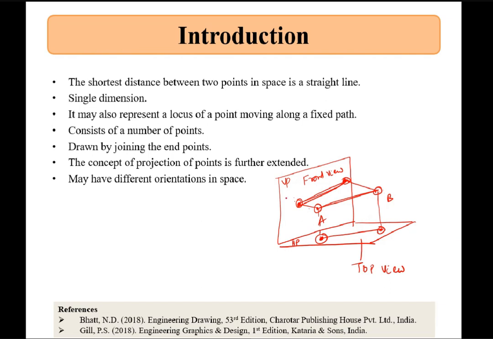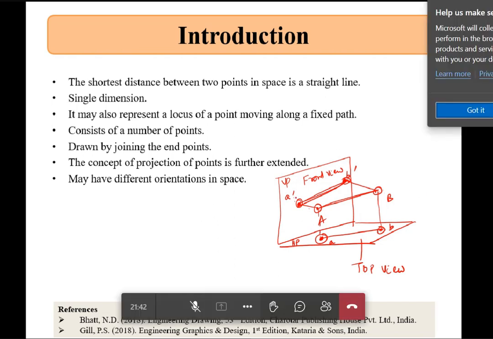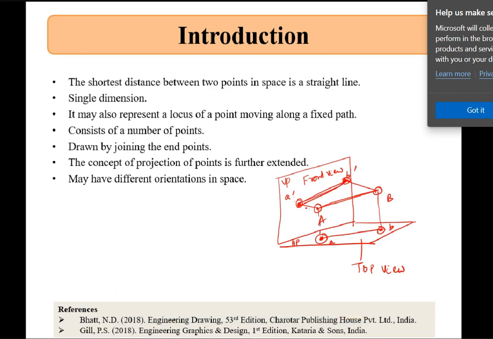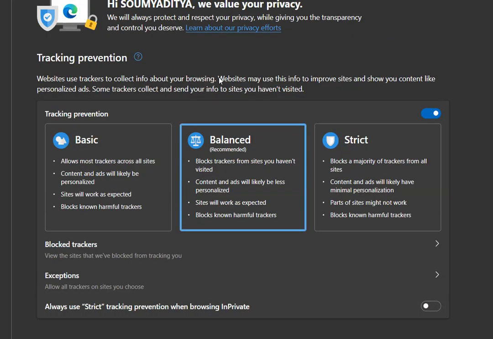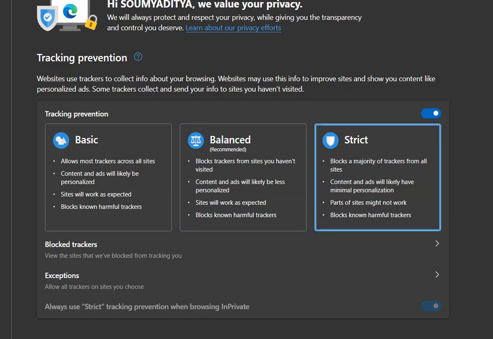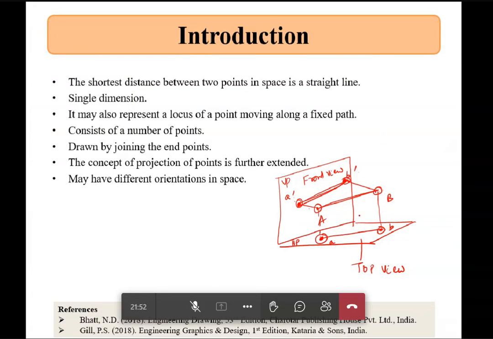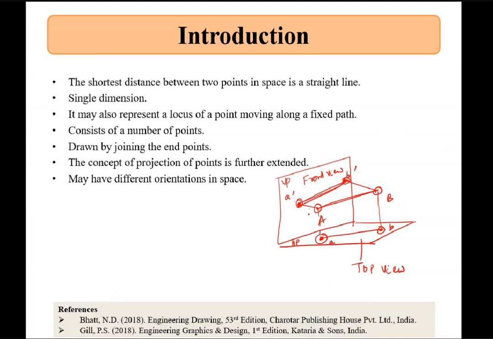And I will name this as A dash and this as B dash. This will be point A and point B, as you must have noted in the last class that front view is denoted by dash. So if this line was PQ, this will be P dash and this will be Q dash. And the top view is denoted by A and B. There is no dash in the top view. And as you have also seen in projection of points, the projectors lie on the same straight line.